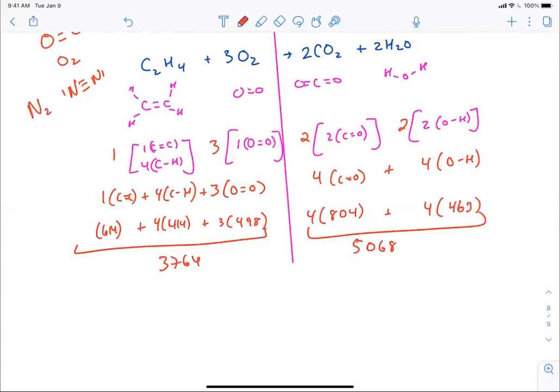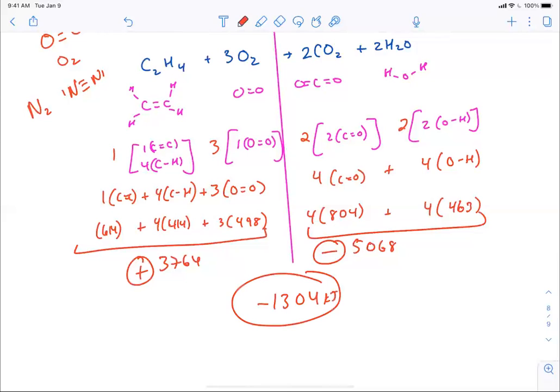So therefore, on the left side, the reactants, you're absorbing all the energy to break all those bonds. But on the product side, you're making new bonds, so you're releasing energy. So the right side is negative, and then you add them together. So 3764 minus 5068, and it is negative 1304 kilojoules.